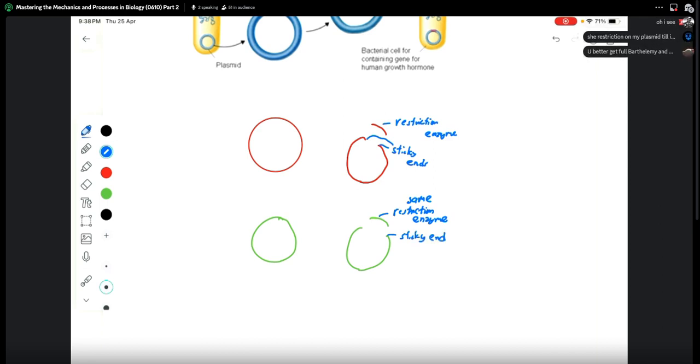Then I take the piece I just cut off and move it into here, and this will form the recombinant plasmid.